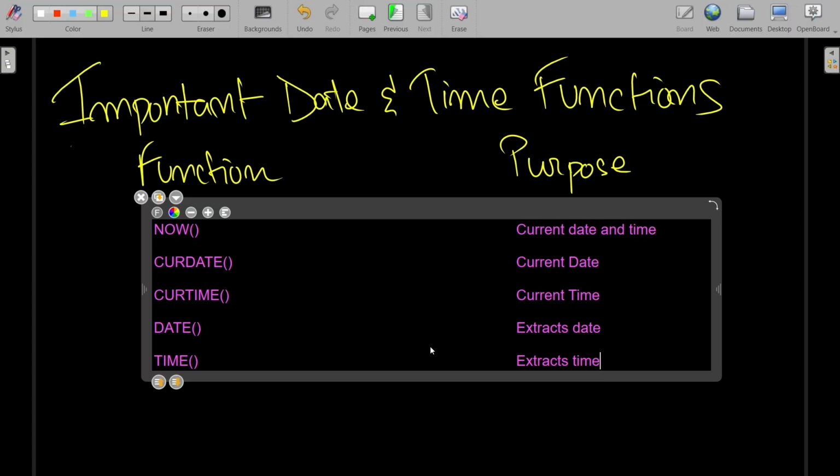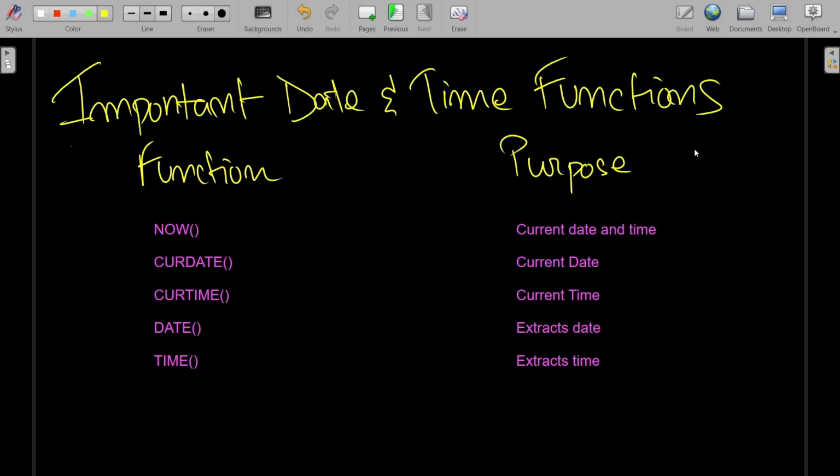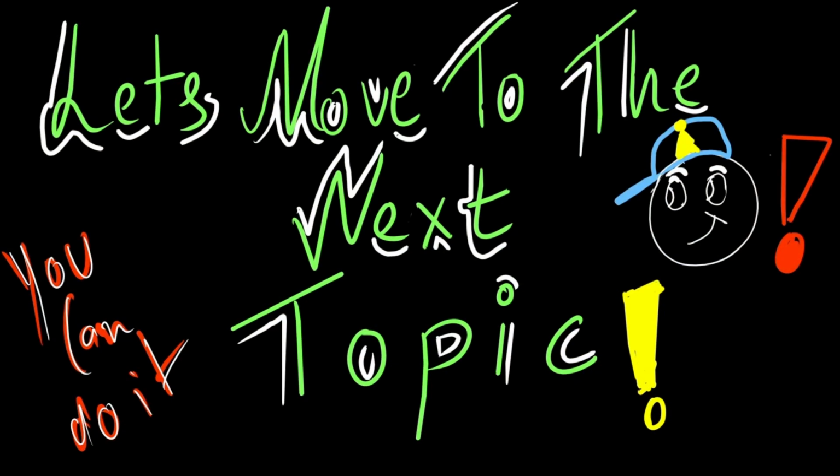As we go forward in the course, there is a different section talking about date and time, because date and time has a lot of functions and variations. To use those, you should have complete knowledge of SQL, so that you can understand and use them in different ways. So this is all about the date and time data types, and I hope you understood the topic. So guys, let's move to the next topic.